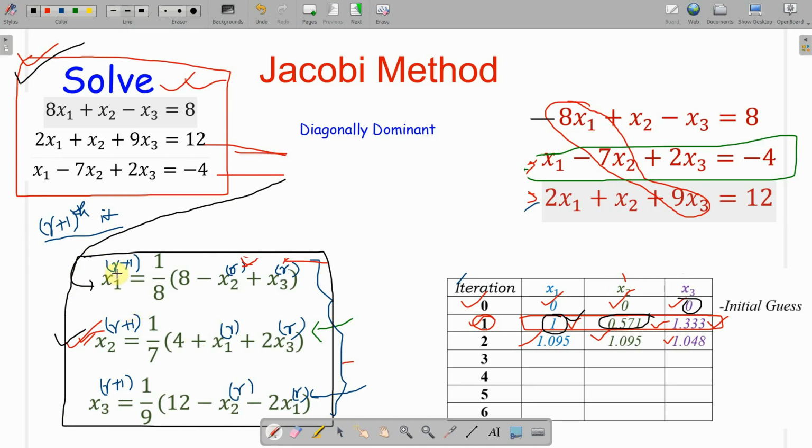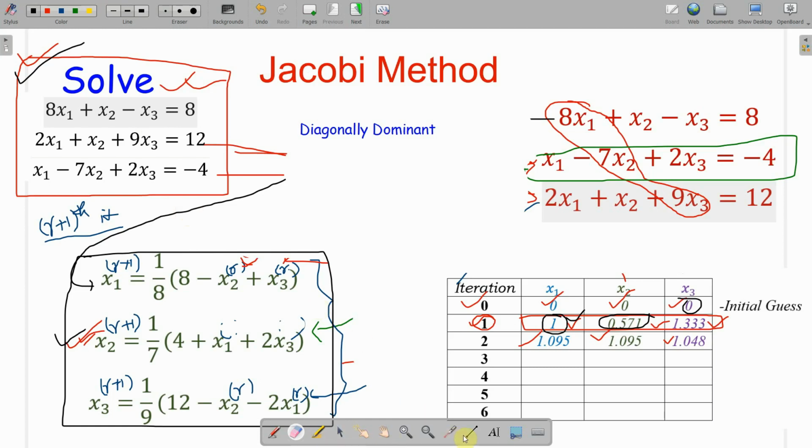So what will happen for the Gauss-Seidel method here? What will be the values here for the Gauss-Seidel method? I'm not talking about Jacobi now. I'm talking about the Gauss-Seidel method.